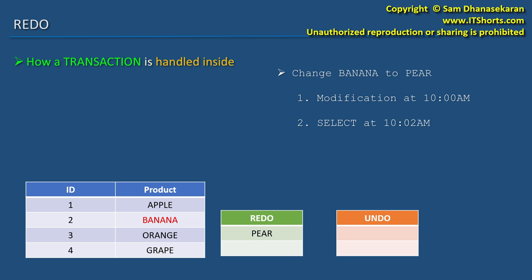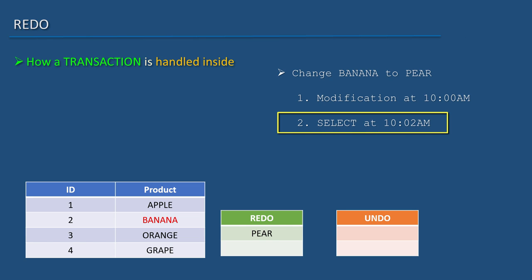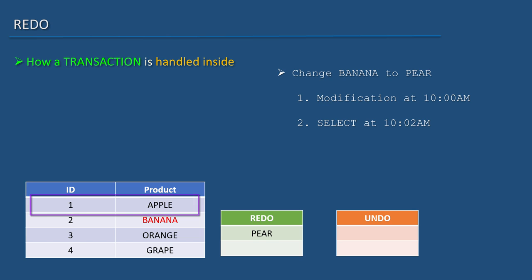Now, let's just say that I did the modification at 10 a.m. At 10:02, somebody runs a select on this table. This is well after commit, but the data hasn't been written to the table yet. They will read the first row without any issue.